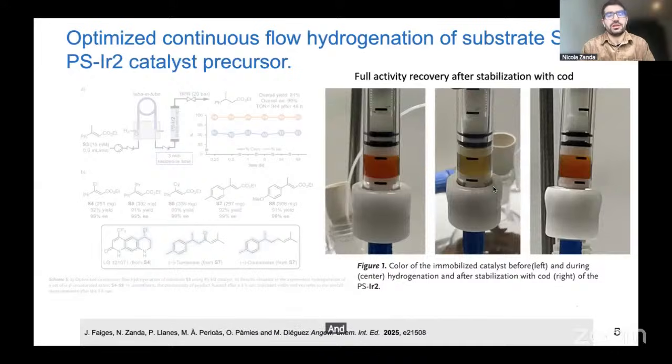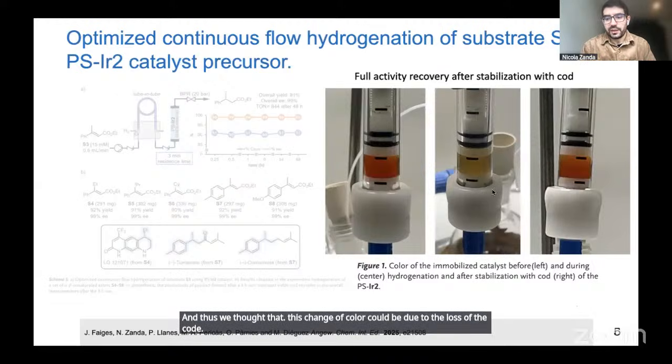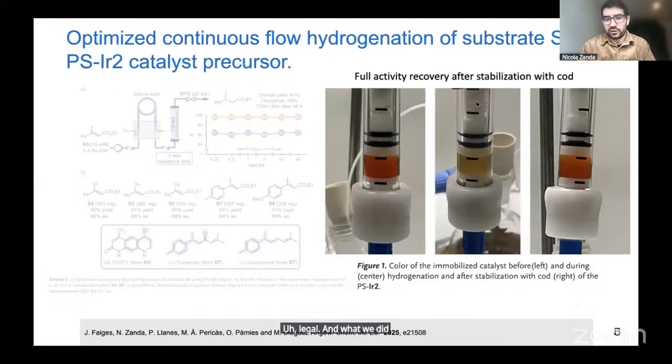So this sometimes doesn't mean much, especially in organocatalysis, but when you have a metal complex it could be suspicious. And thus we thought that this change of color could be due to the loss of the COD ligand. And what we did after the reaction was just to flow the COD first with hydrogen and then without hydrogen. And we observed first that the color was recovered, and then we also observed that the activity was recovered.